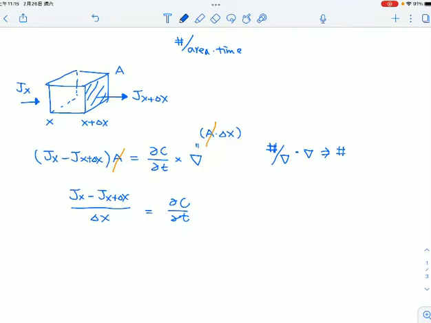And what this actually is, is minus the flux gradient. So this is the continuity equation. The continuity equation in mass transport is partial C, partial t, the concentration change per time, equals minus the divergence of flux.